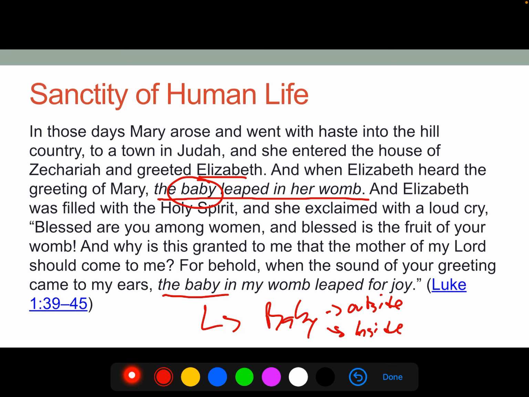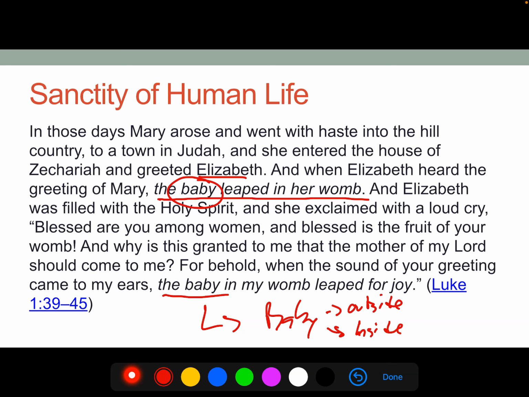And John has full reasoning skills right now, and it's amazing. But John, like Jesus, what's amazing about this is we're talking maybe weeks after Jesus has begun forming in Mary, obviously the incarnation, God clothing himself with flesh by the Holy Spirit. Mary's pregnant for maybe a max of a month here, so Jesus is very, very tiny.